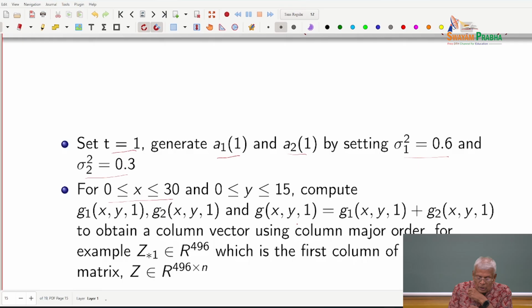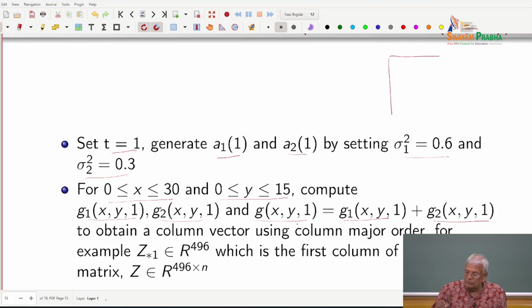X is 0 to 30, y is 0 to 15. Now, at time t1 I can get G1 x y 1, G2 x y 1 and G x y 1 is equal to G1 plus G2. So, we can obtain a column vector using the row major order.